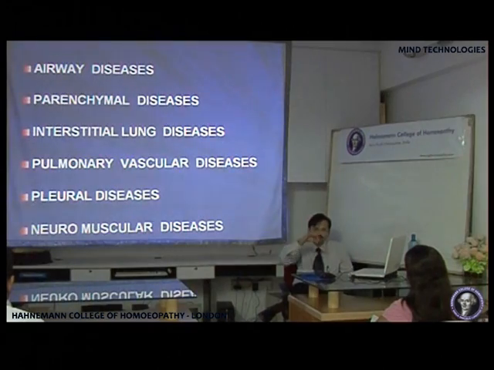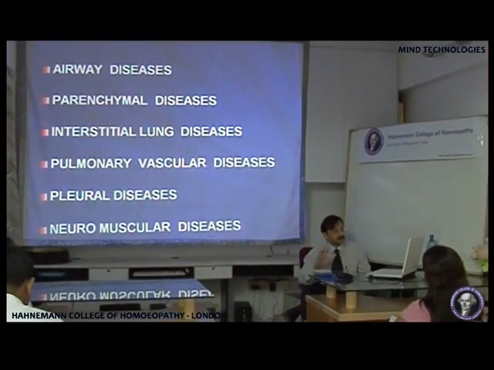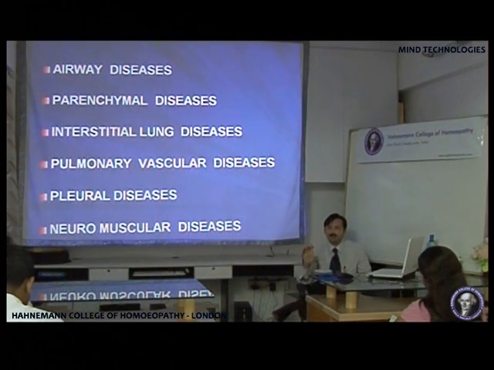So any of these lumen throughout would be termed as airway diseases. Okay, the first thing is an airway disease. Airway disease is a problem in the lumen of the flow. It's the flow which is affected, flow of air, flow of oxygen. So that is an airway disease.